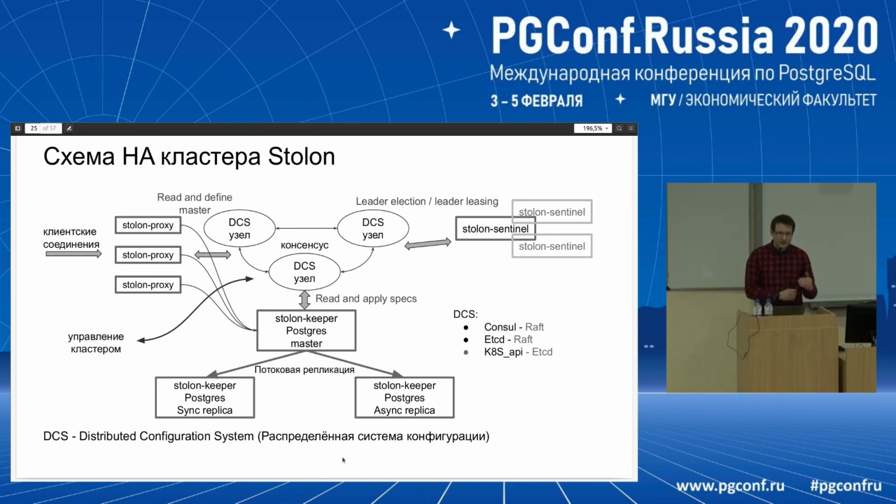They interact with the DCS through a leader election mechanism, and they are stateless services. Postgres is being managed by Stolon Keeper, and the entire connection to the cluster goes through a special proxy, Stolon proxy, that can read your config and checks the entire connection.